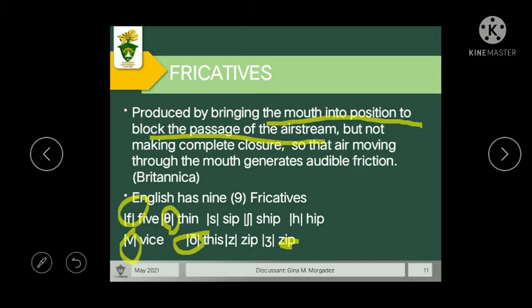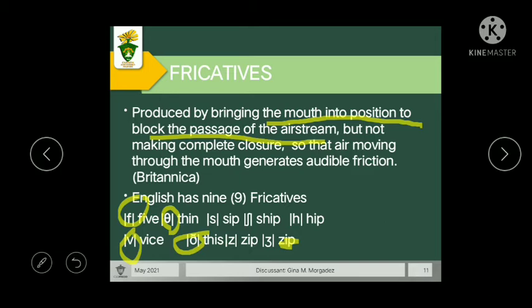For example: s, sip, z, zip, sh, ship, zh, measure. In that way, as you can observe, the tip or blade of your tongue is touching the back of your alveolar ridge.